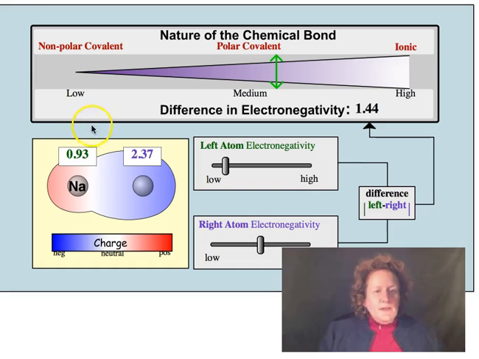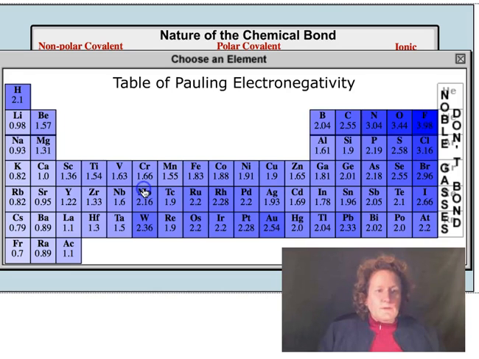To look at the difference between sodium and chlorine, I've already dialed in the electronegativity for sodium. We can find the electronegativity for chlorine, just like I did for sodium, by clicking on this gray ball here, looking at chlorine, and this here is a periodic table of electronegativity. So you can see that chlorine has a really high electronegativity here, and sodium is all the way over here with a low electronegativity.